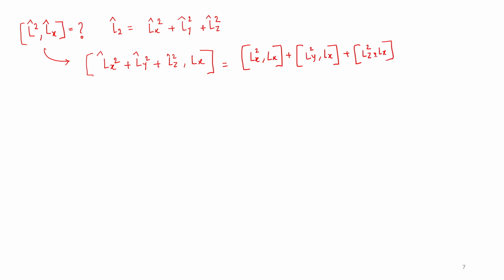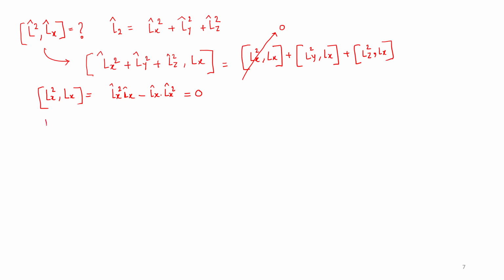You see Lx square Lx is nothing but Lx square Lx minus Lx Lx square, right? As they are all the same, you will see that it is going to be 0. So you don't have to worry about this.